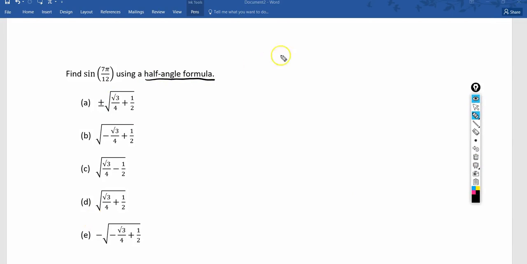Okay, so the first trick that you're going to have to do is to rewrite 7 pi over 12. And you can rewrite that as 7 pi over 6 times a half, seeing that 12 is 6 times 2. And that's the same as 7 pi over 6 all over 2.